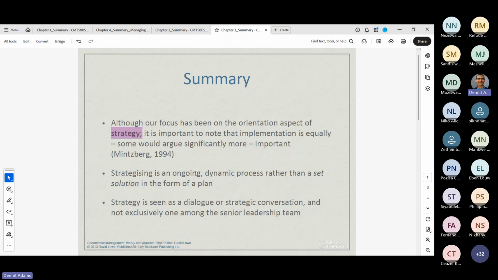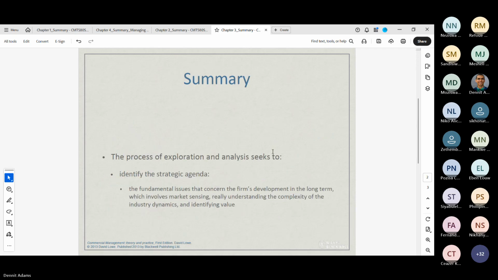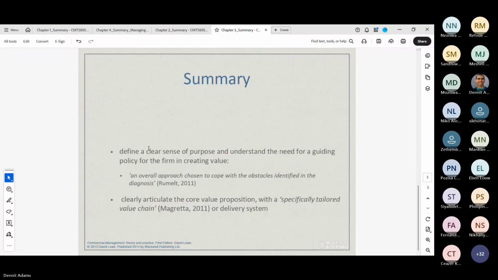Strategizing is an ongoing dynamic process of exploring and analysis that seeks to identify the strategic agenda. That's important there. Define a clear sense of purpose.